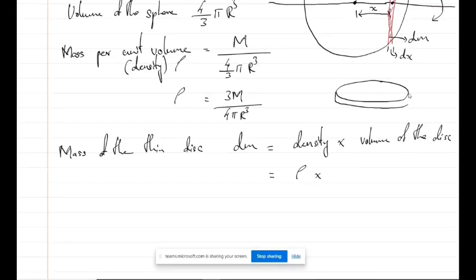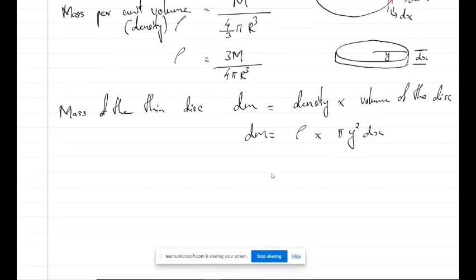You know how to find the volume of a cylinder: pi r square h, where r is the radius of the cylinder. Here the radius is y, so it will be pi y squared h, and h is actually dx. So that is your dm.